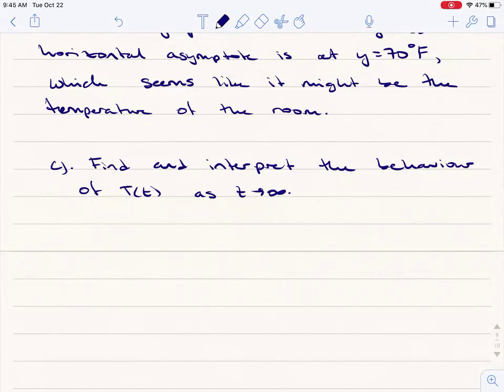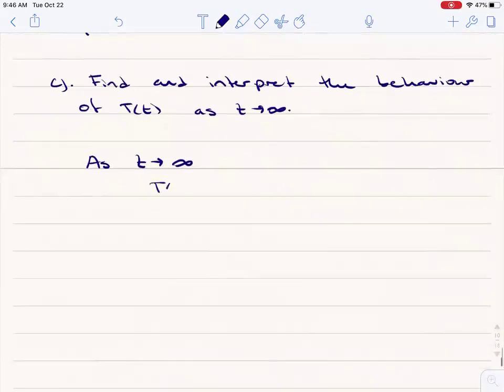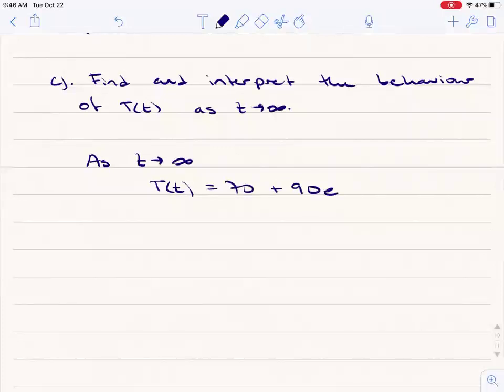We expect our answer to be 70 just by the graph, or roughly 70, so we have a good idea of what to expect. So if we take, as t approaches infinity, we've got T of t equals 70 plus 90 e to the power of negative 0.1 t. I won't have it in brackets, I guess.